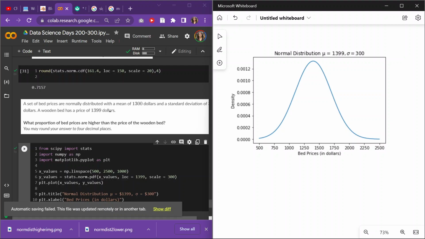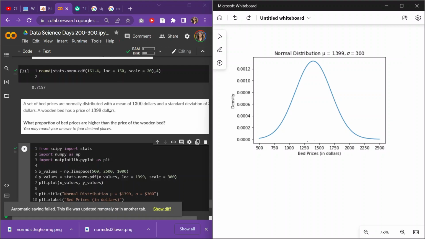The mean is about 1,300, which is around here. It's always in the middle, and then each bed price deviates around $300 from the mean. They're asking what proportion of bed prices are higher than the price of the wooden bed. The wooden bed is the price of $1,399. I'm sorry if I confused that with the mean earlier.